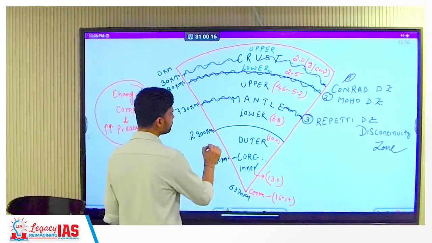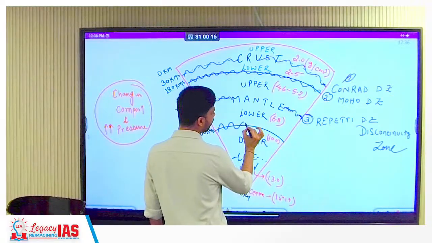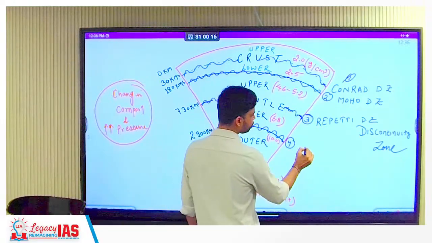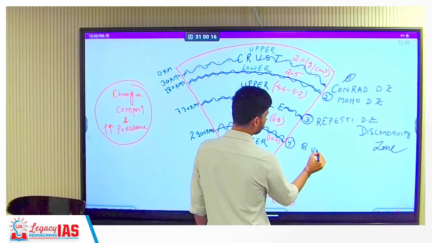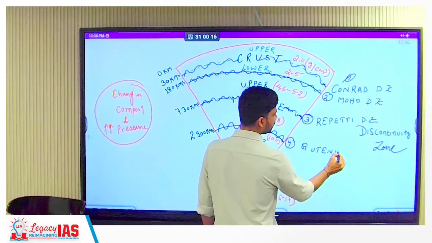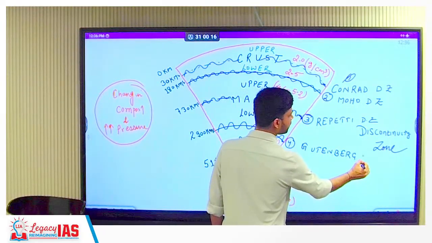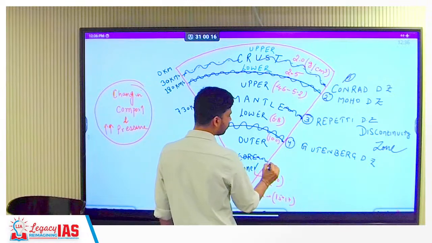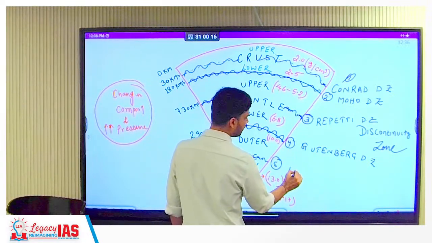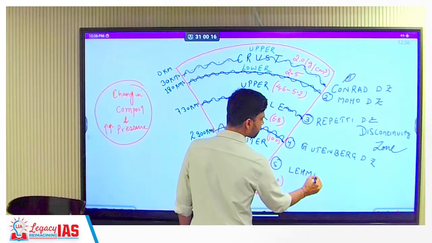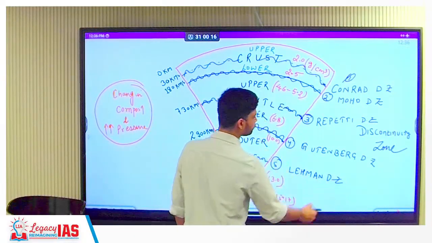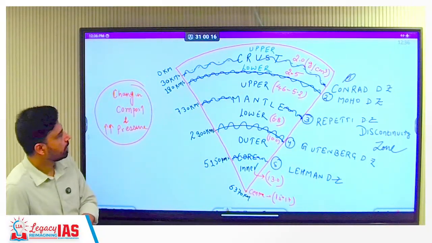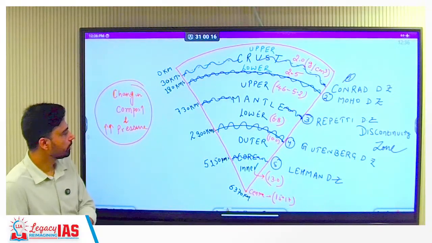Then the next is between lower mantle and outer core, the fourth discontinuity zone, referred to as the Gutenberg discontinuity zone. And the last, the fifth one, is between the outer core and inner core. It is referred to as the Lehmann discontinuity zone. So these are the 5 discontinuities between the six layers of the Earth: Conrad, Moho, Repetti, Gutenberg, and Lehmann.